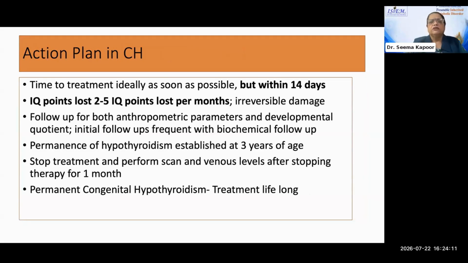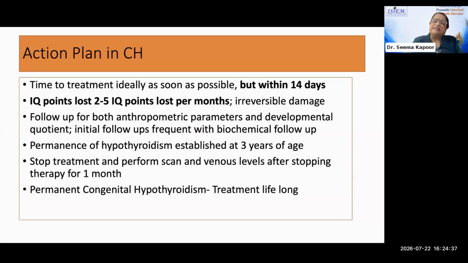So what do you do after you have a screen positive, you have confirmed by venous testing that the levels for that gestational age of TSH are high and T4 are low? How soon should you start giving treatment? It should be within 14 days of birth. Now, why this sacrosanct figure of 14 days?